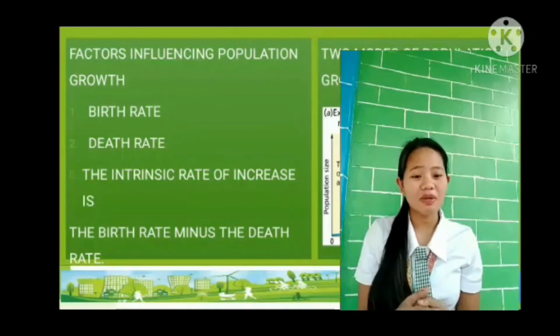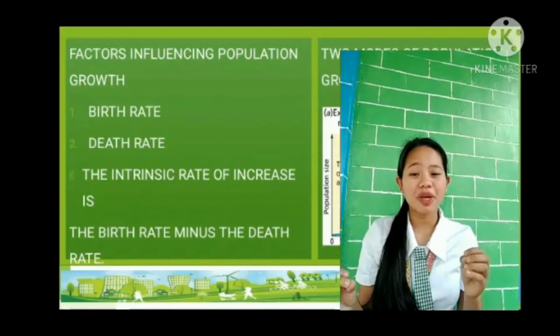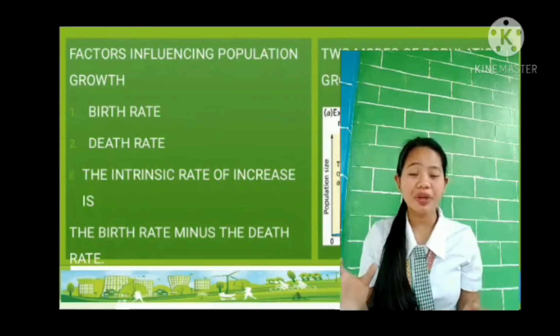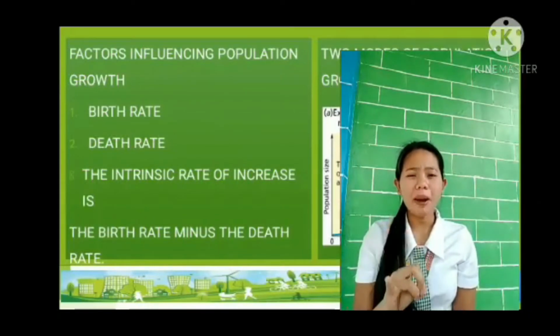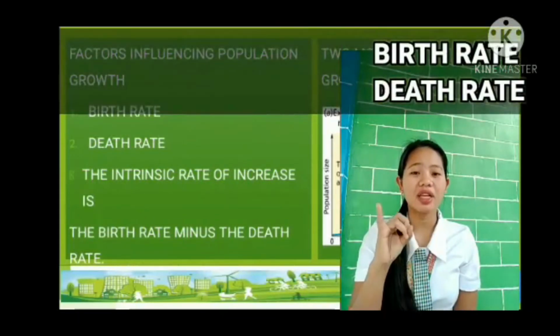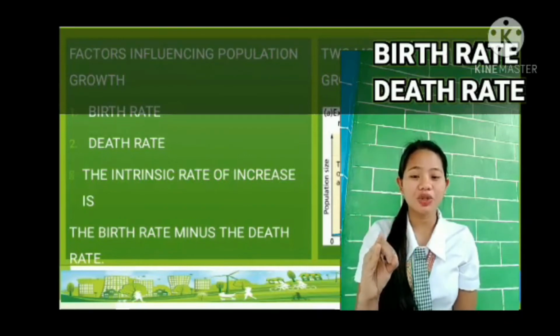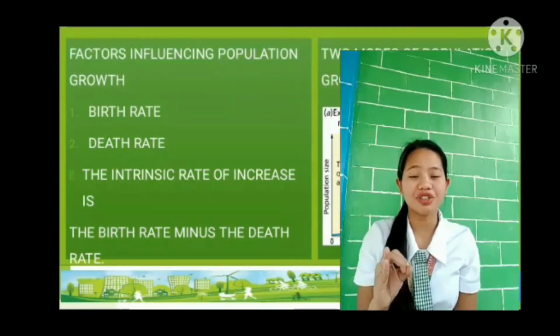Reproduction is basically the basis of why there is population growth, because growth means adding new individuals to the population. Birth rate and death rate are two basic factors that affect the rate of population growth.